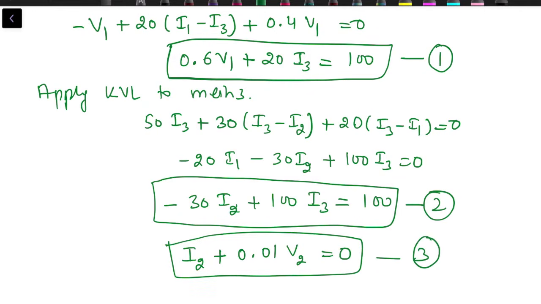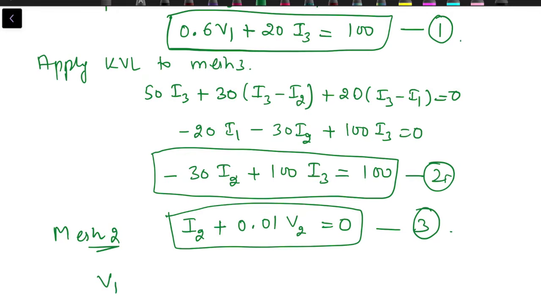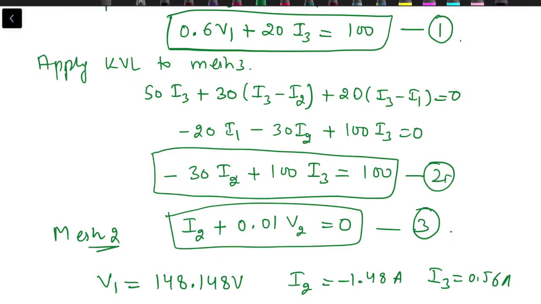This is the third equation which we actually got from mesh 2. So now we have three equations and three unknowns which will give us the value of V1 as 148.148 volts, I2 as minus 1.48 amperes, I3 as 0.56 amperes.